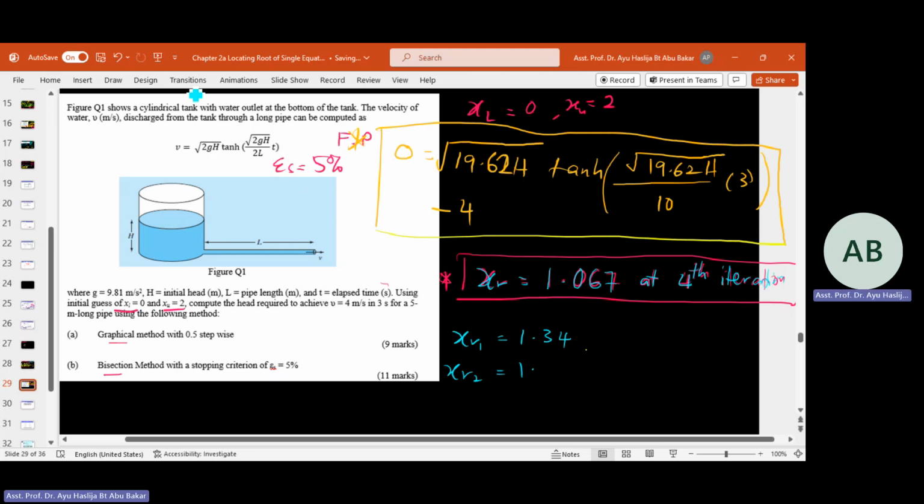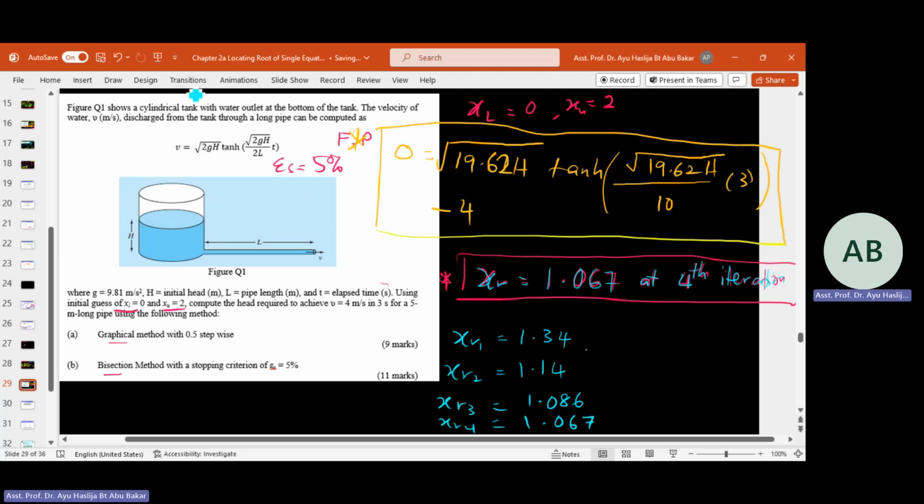Alif, what is your first XR just now? 1.34, is it? 1.33. XR2? 1.4. XR3? 1 point? XR4, then only you get this.